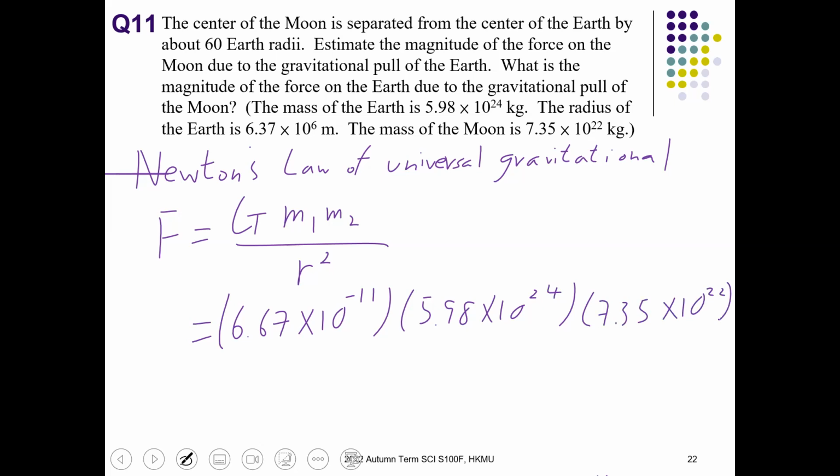Let's cover the three parameters in the numerator. In the denominator, this is the radius.